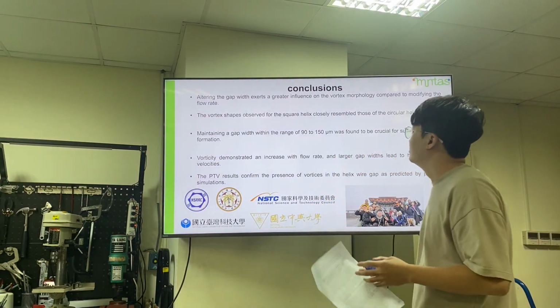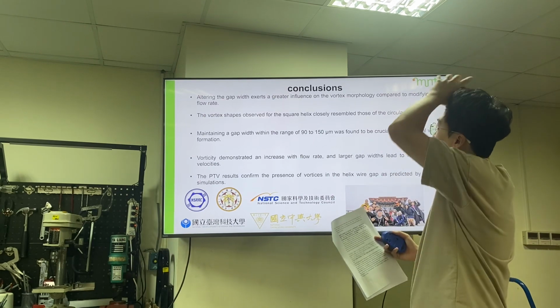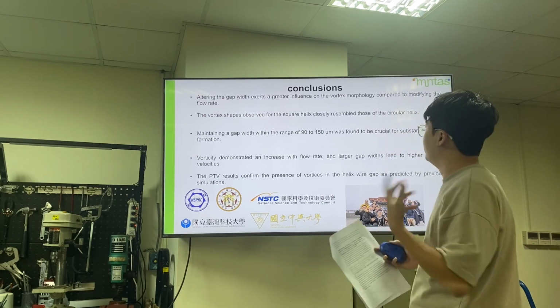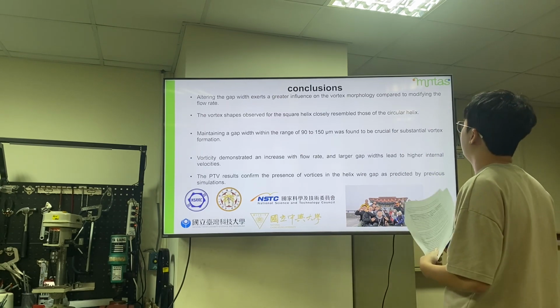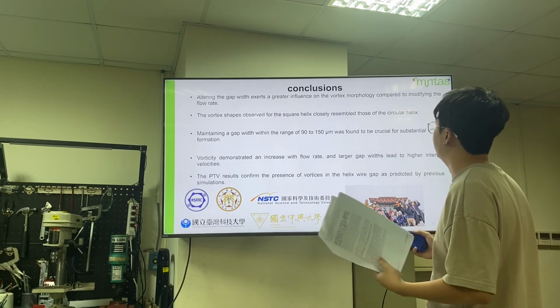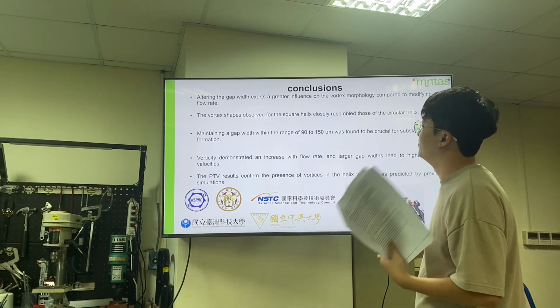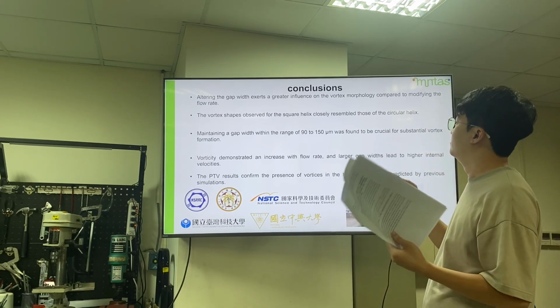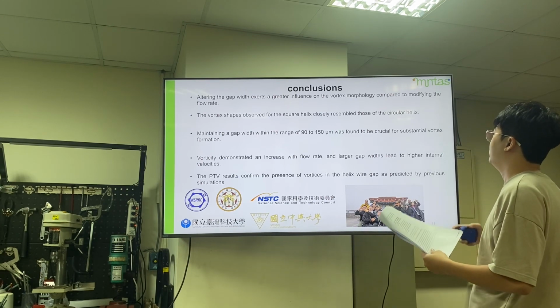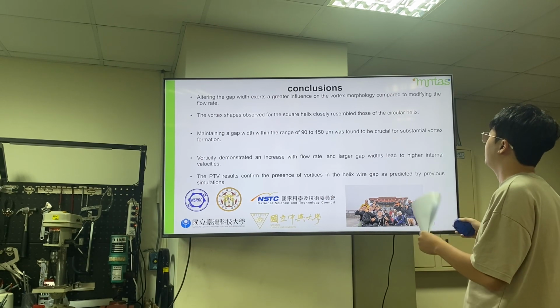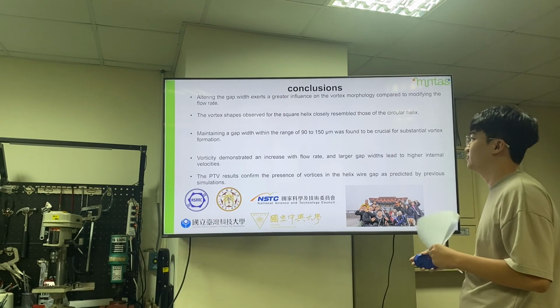So, altering the gap width exerts a greater influence on the vortex morphology compared to modifying the flow rate, and the vortex shape observed for the square helix closely resembled those of the circular helix.